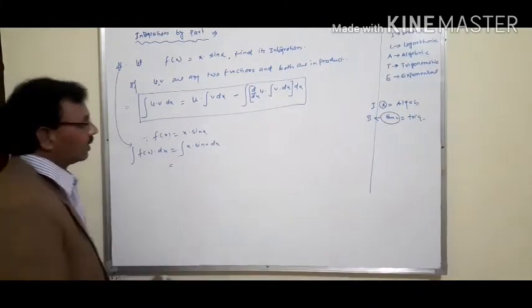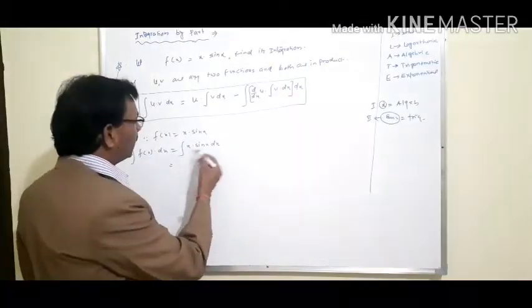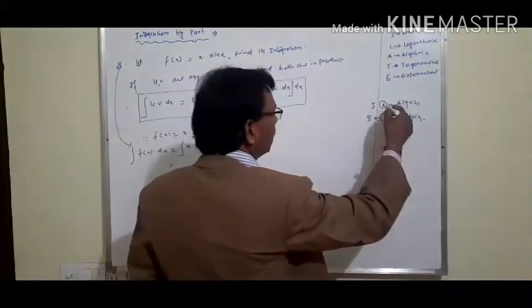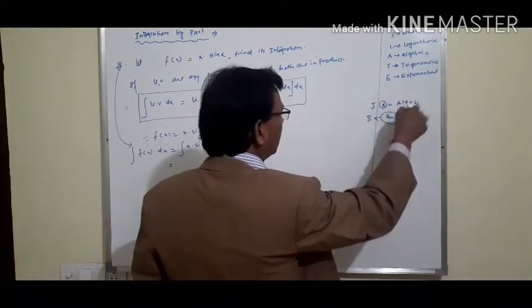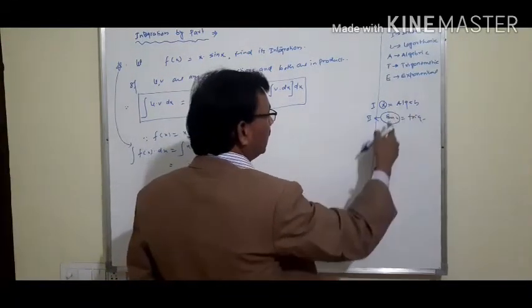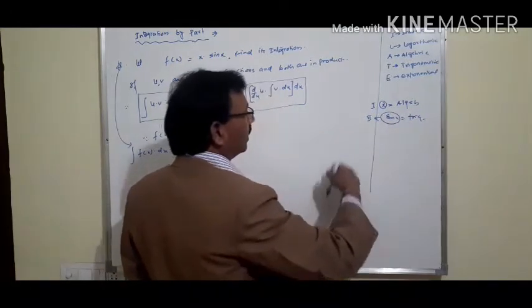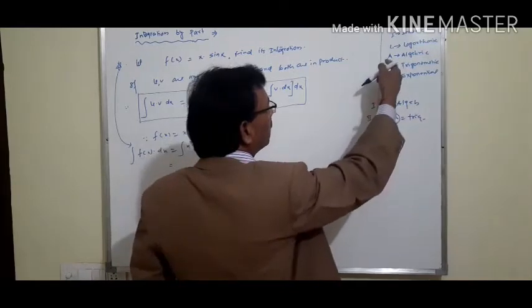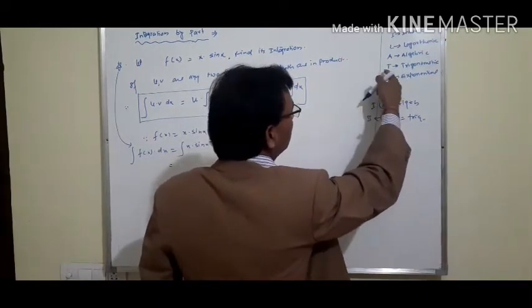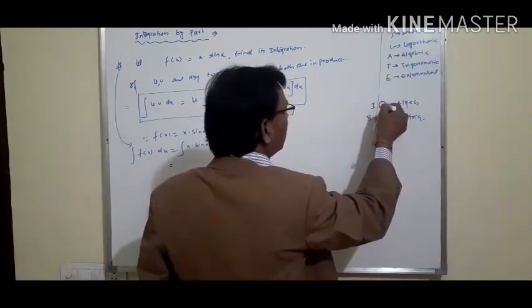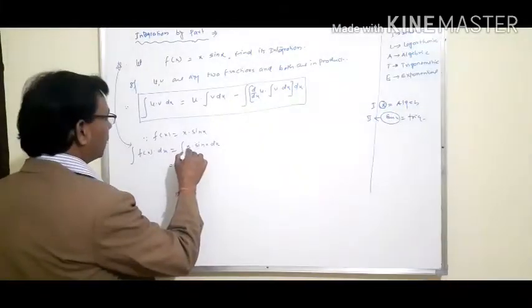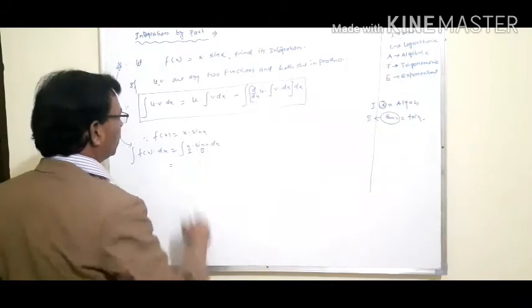Now since x is the algebraic function and sine x is the trigonometric function, as already determined, x comes first and sine x comes after that. So x will be the first function and sine x will be the second function.